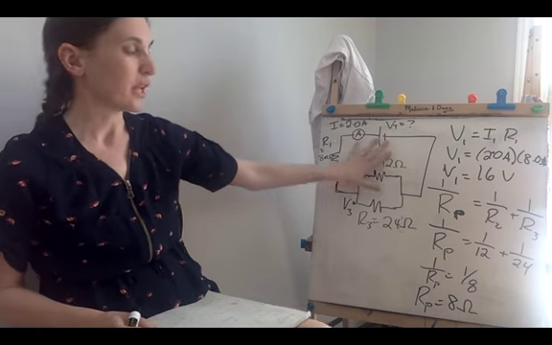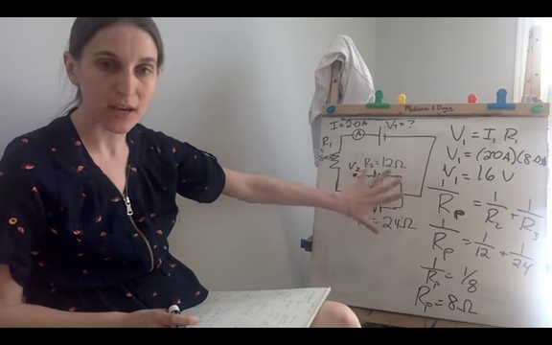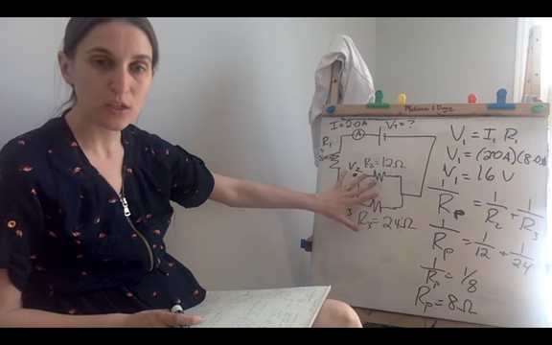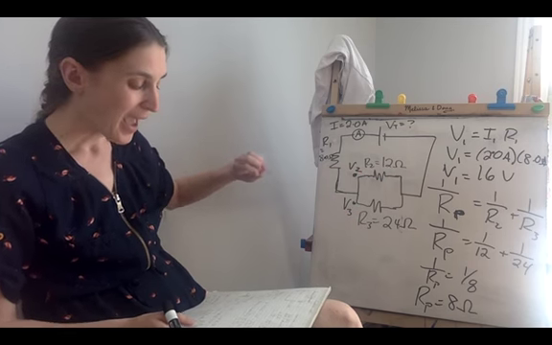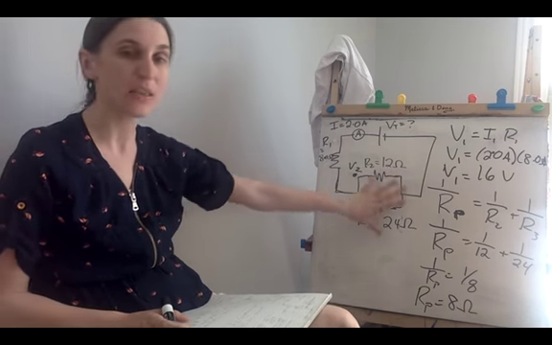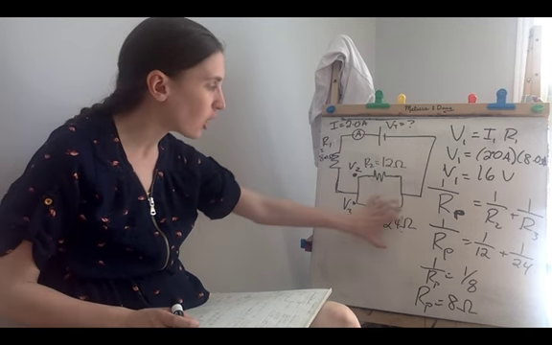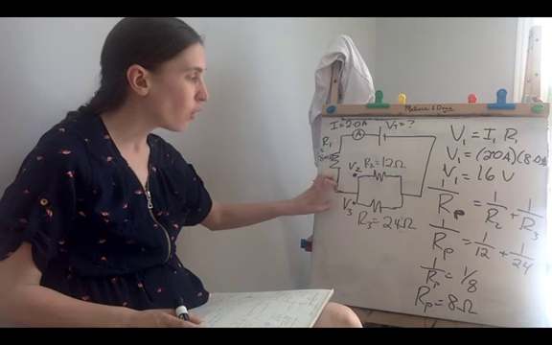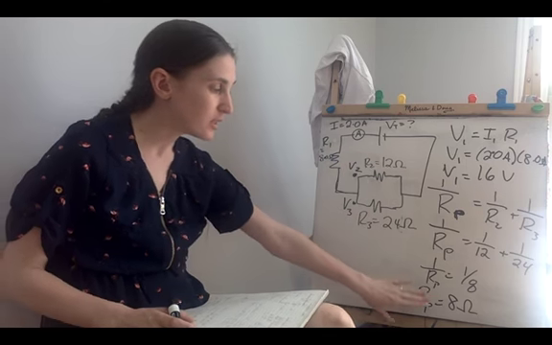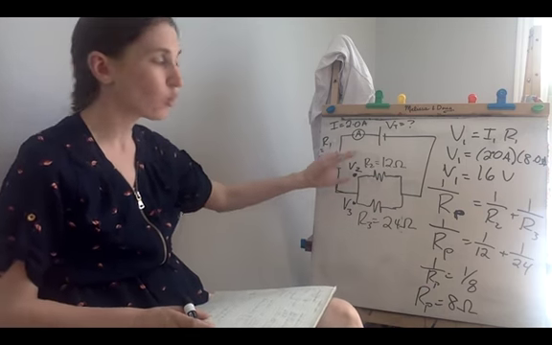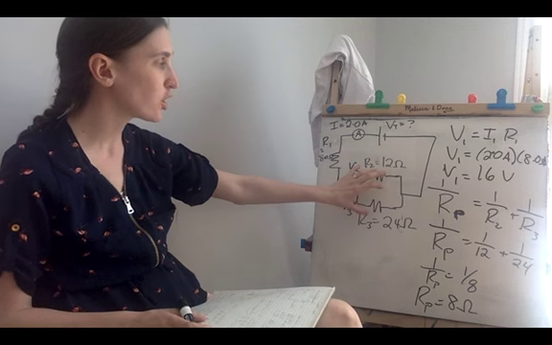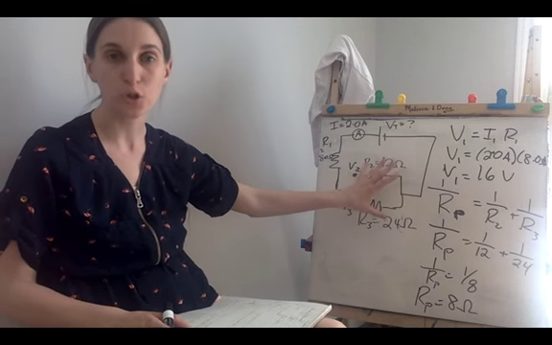So in this parallel section of our circuit, the total resistance would be 8 ohms. And the total current in this little section is still going to be 2 amps. We're thinking of this as a whole. As a whole, the total resistance is 8 ohms, and even though the current would split into 2 separate sections, the total current would still equal 2 amps.